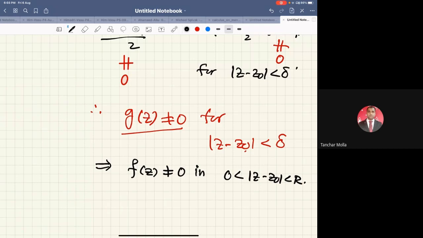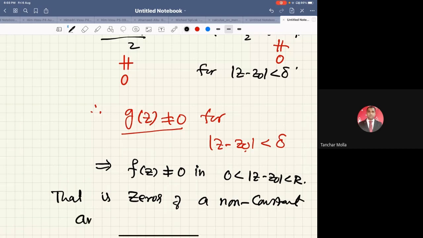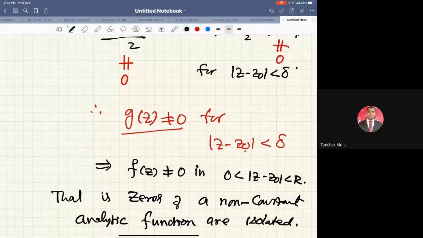So that is, the zeros of a non-constant analytic function are isolated.